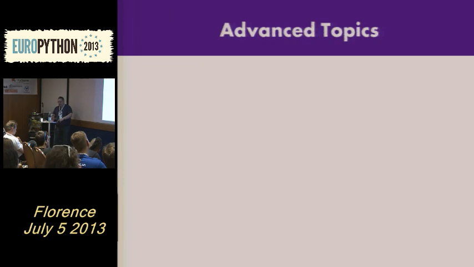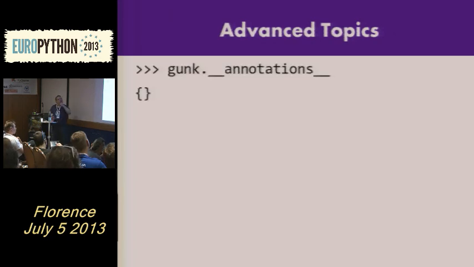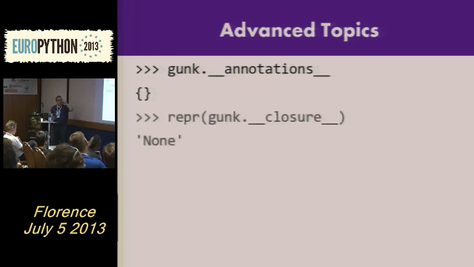I think this is the last slide on all of these fields, thank goodness. So annotations, gunk doesn't have any annotations, so this is empty, but this is where annotations will be stored. You remember Python 3 has that colon. There are type annotations for parameters on a function, and it maps names to values.